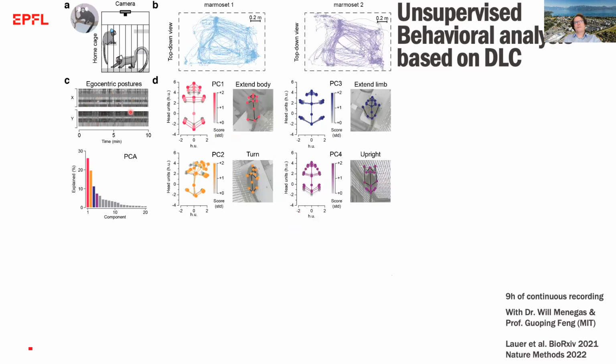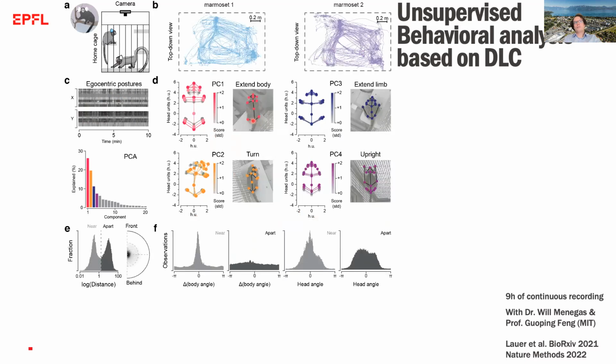You can then, for example, perform PCA and see that they have different postural dynamics that they typically carry out, like, for example, extended body and extended limb configurations, and so on. And I think the most interesting result that we actually had in this paper regarding the marmoset behavior was that marmosets really like to look in the same directions when they're together, indicative of the fact that they're highly social animals.